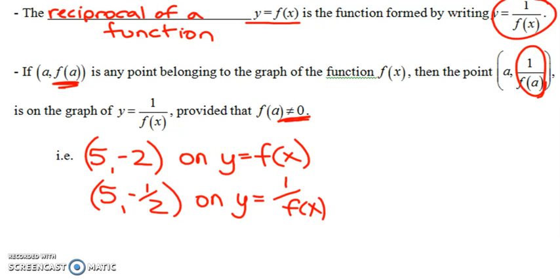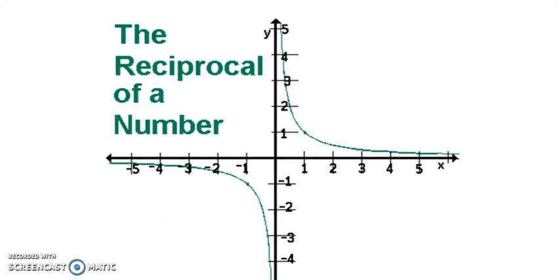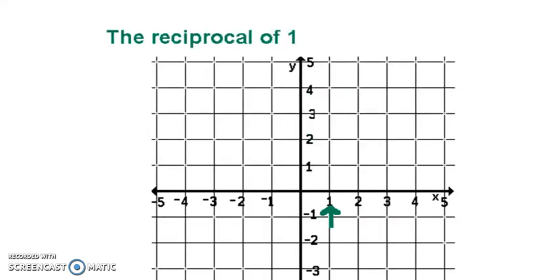Okay, next I'd like to take a second to show you what this reciprocal graph would actually look like. So basically this is showing us that the reciprocal of 1 is 1 over 1, so it's still 1. So that point would still be on the same graph.